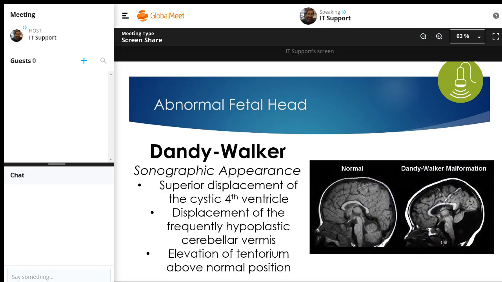So sonographic appearance, we have the superior displacement of the cystic fourth ventricle, displacement of the frequently hypoplastic cerebellar vermis, and elevation of tentorium above normal position. So we have the hindbrain here, the back of the brain, displaced quite a bit and very abnormal.